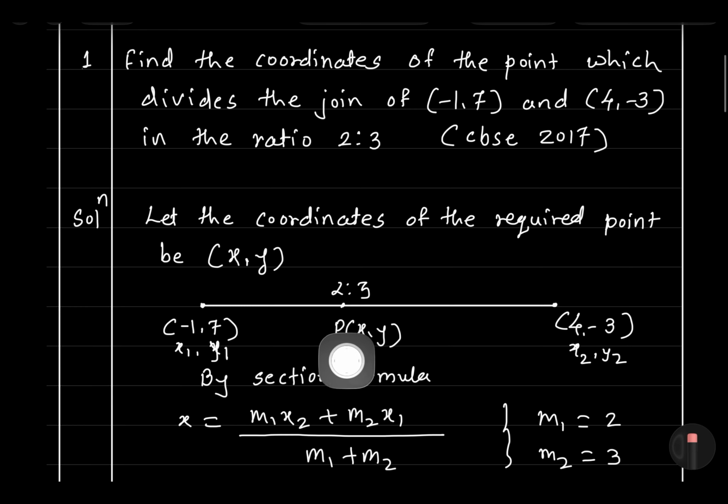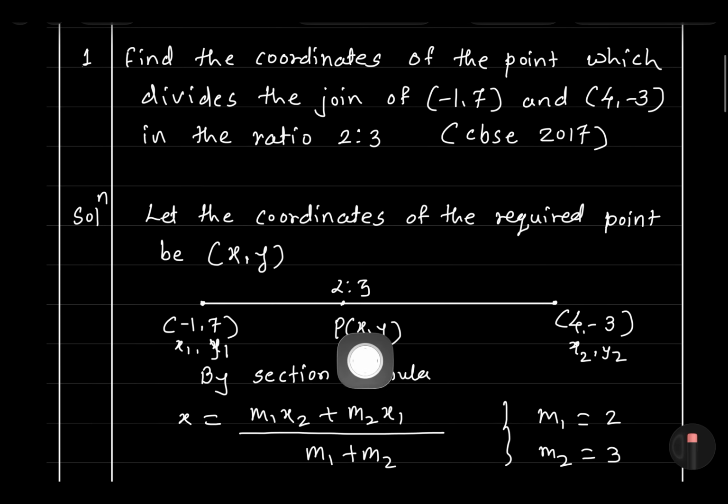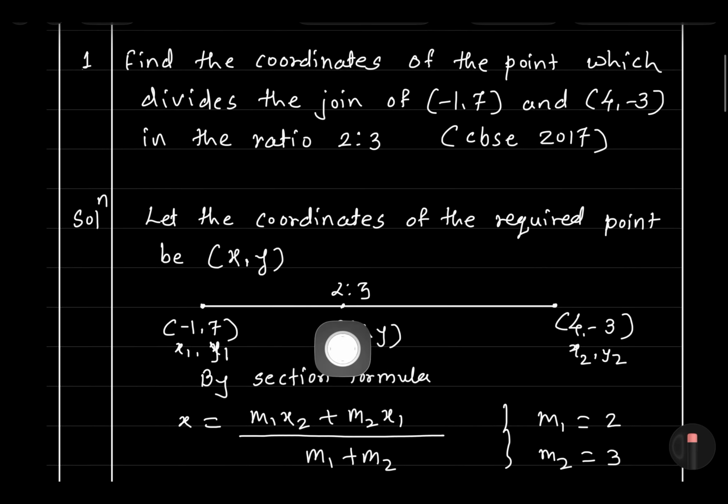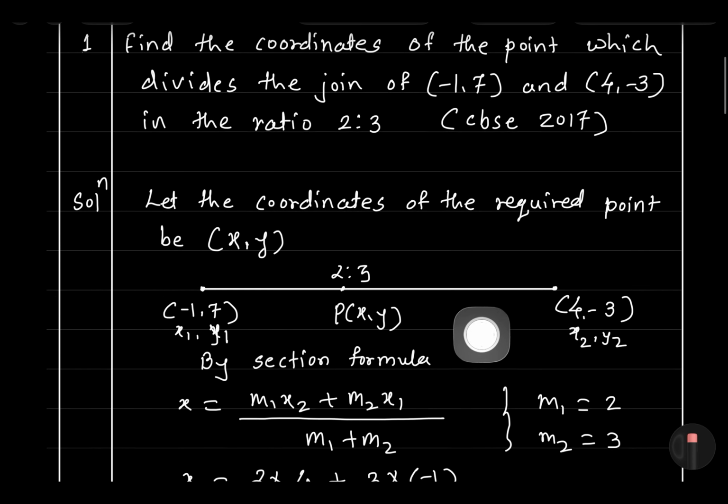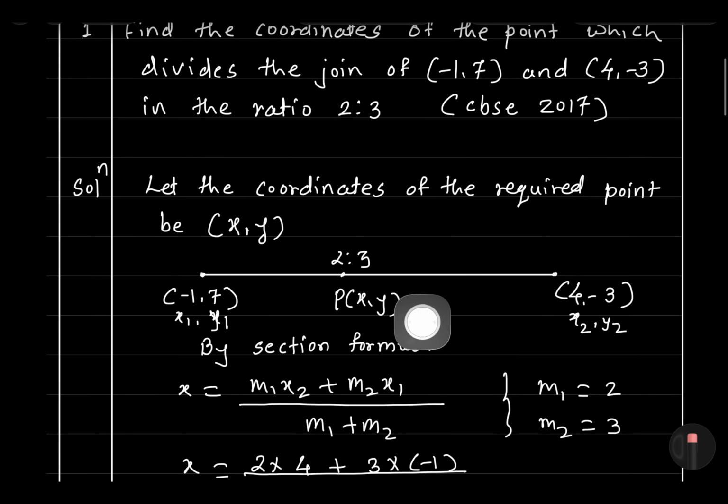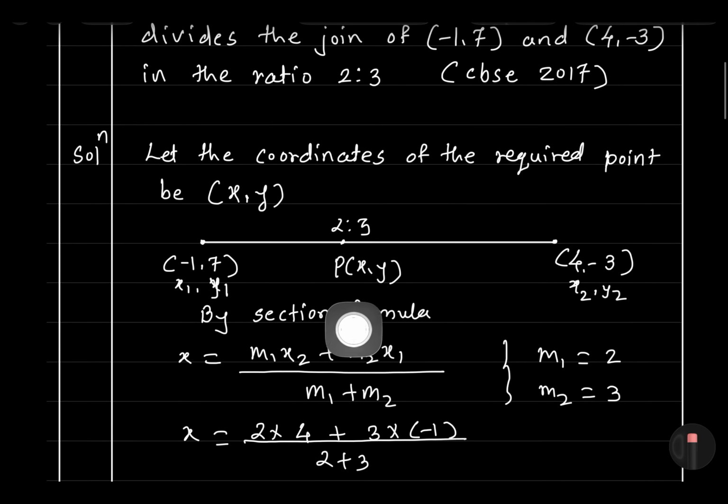Here point P is (x, y), and those coordinates we have to find. This point divides the join of these two, which is a line segment, and that point's coordinates we have to find. The sentence is very simple, and after the figure you will understand this.